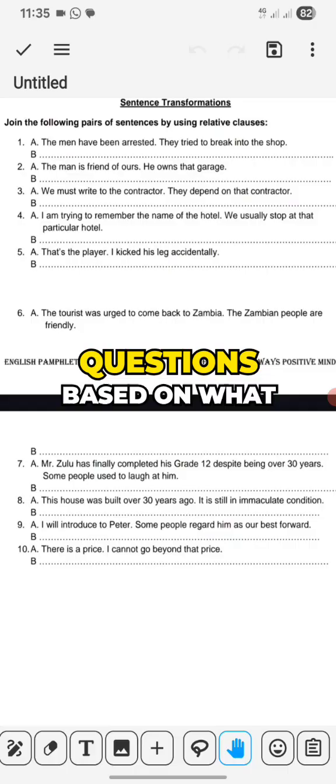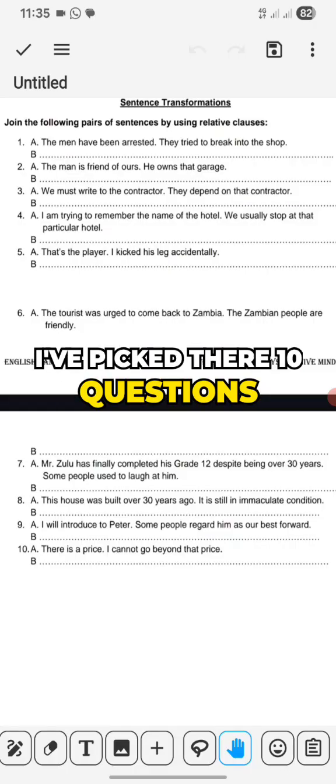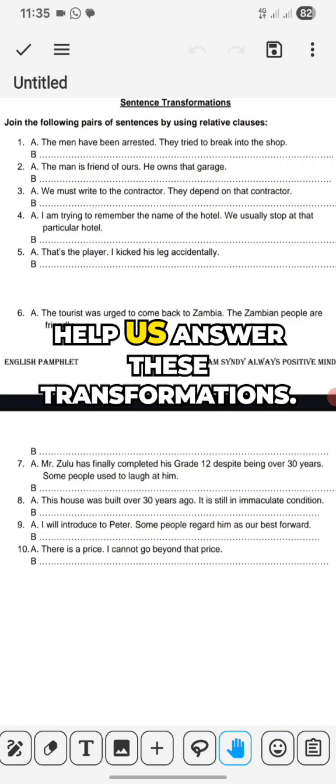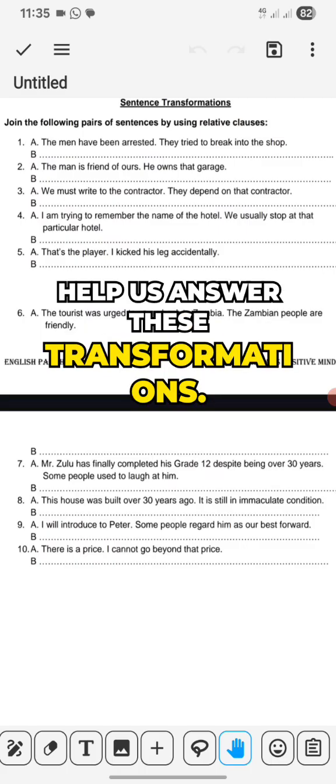As you can see, I've picked 10 questions, but before we start to answer these questions, we might need to remind ourselves some of the key components that will help us answer these transformations.